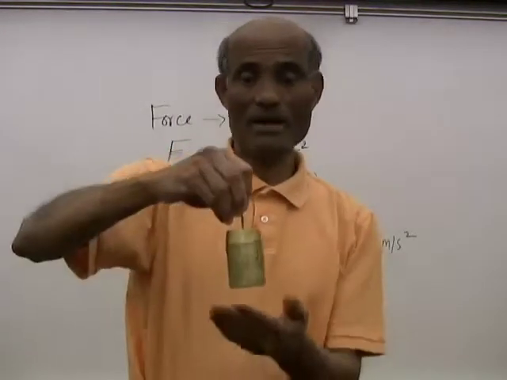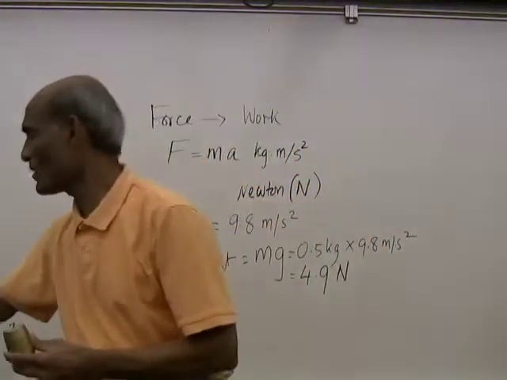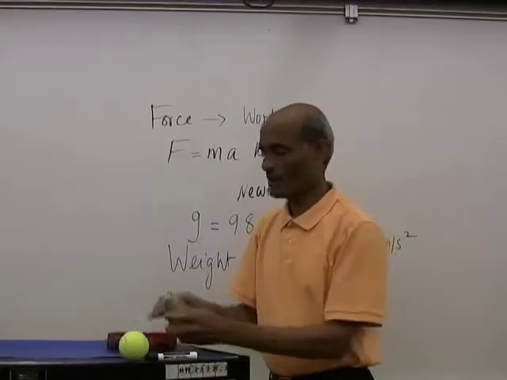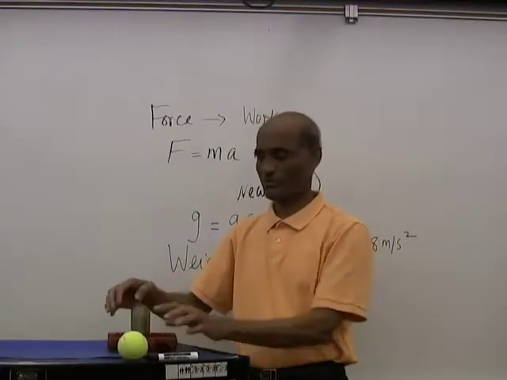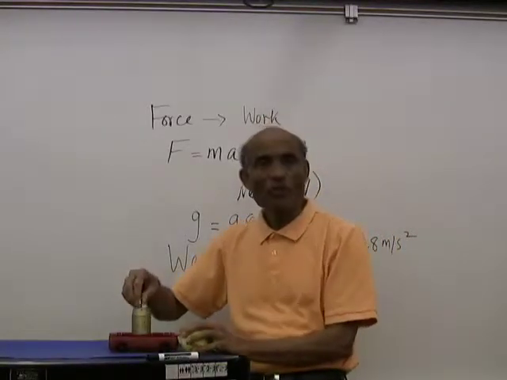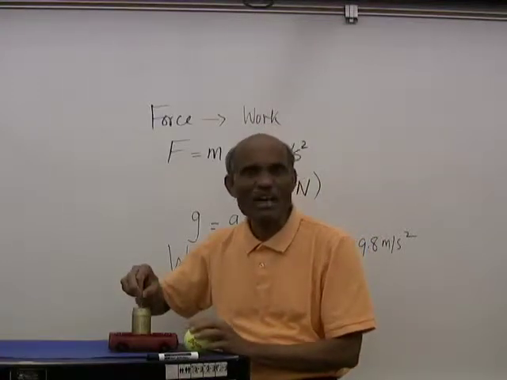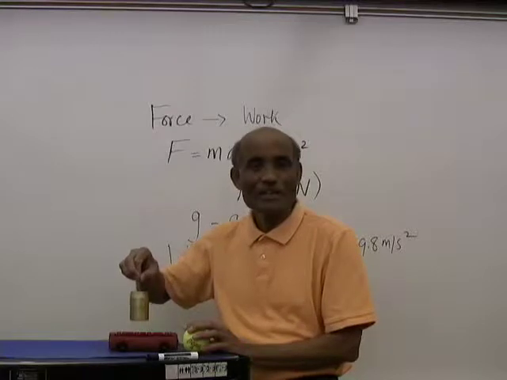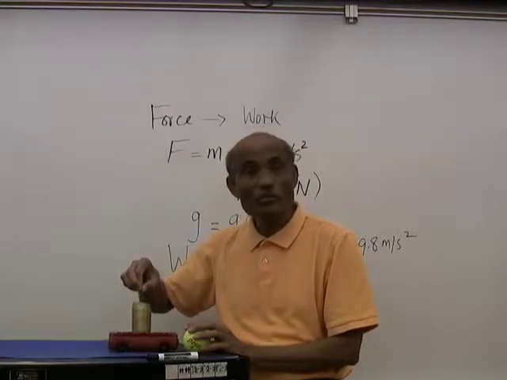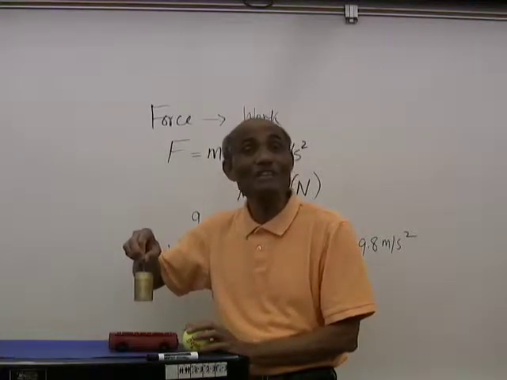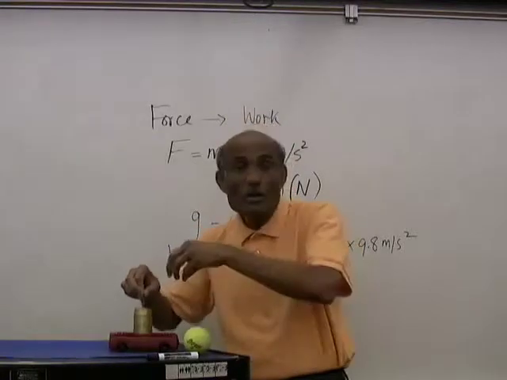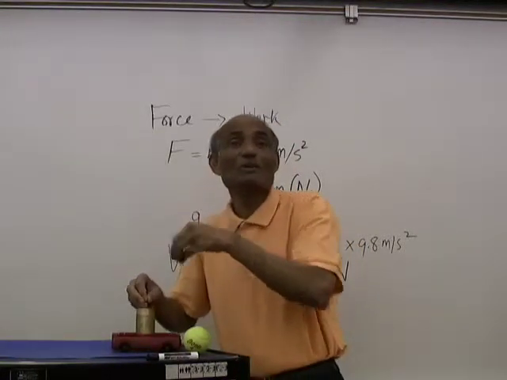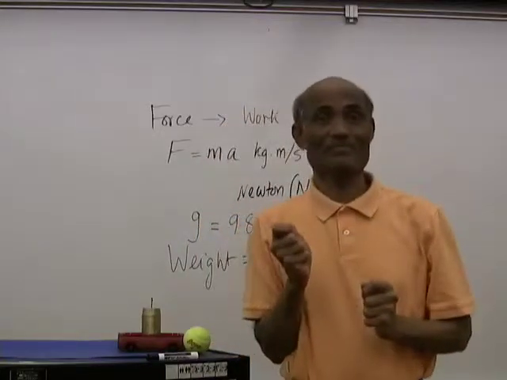Tell me, if I have an object resting on a surface like this. What is the force that I need to apply to just lift it? The amount of force I need to apply is a measure of its weight. So in order to lift an object, you need to apply a force equal to its weight.